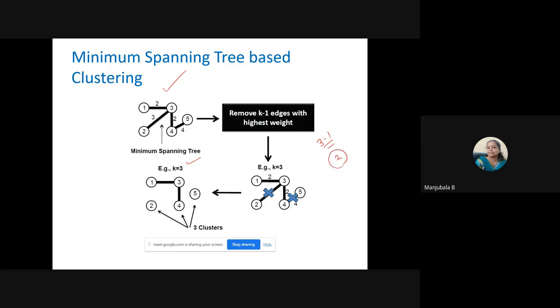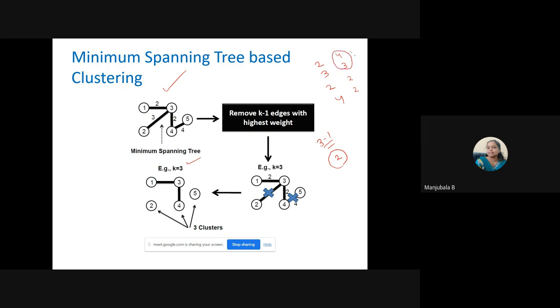Now the edges are 4 edges, and the weights are 2, 3, 2, 4. If you arrange in descending order, it is 4, 3, 2, 2. So with 3 minus 1, the 2 heaviest edges will be removed.